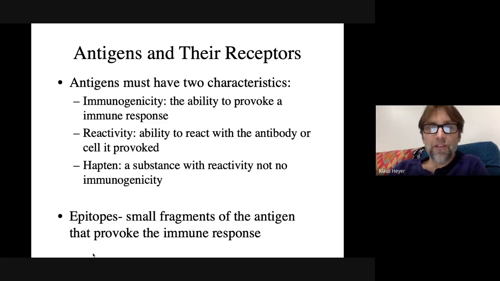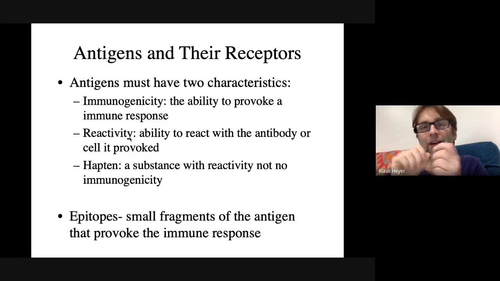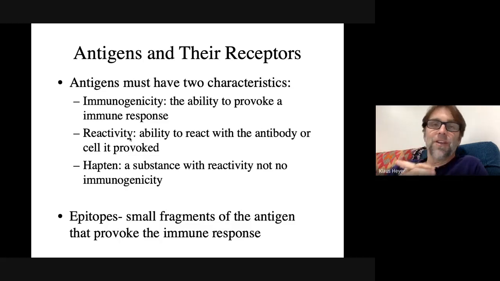So you have to have immunogenicity, and then you have to have reactivity. You have to be able to react with the antibody or the cell. Once the cell or antibody gets there, you need some kind of reactivity. That doesn't always happen.